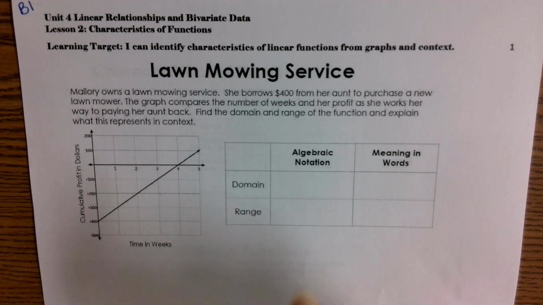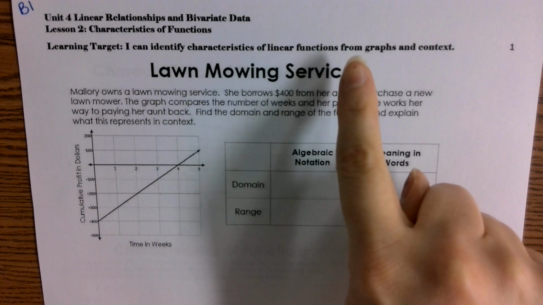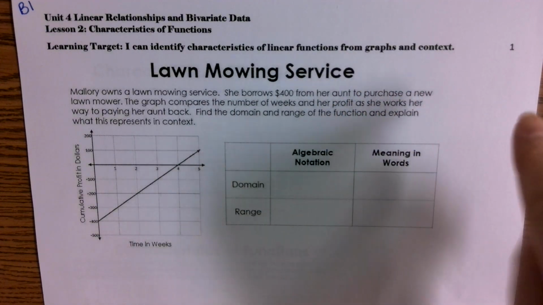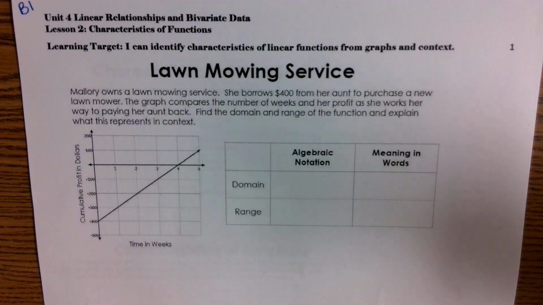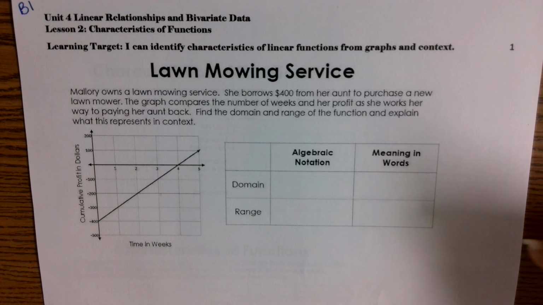Again, talking about key characteristics, I can identify characteristics of linear functions from graphs and from context. There are some problems in which you are not able to describe what a domain or what a range represents if you don't have context.